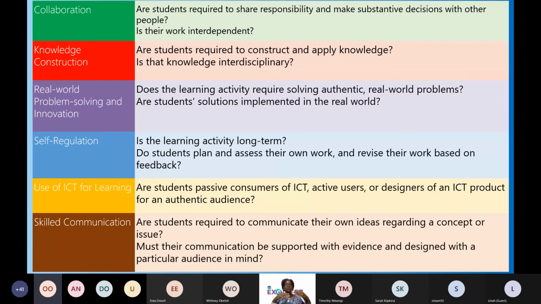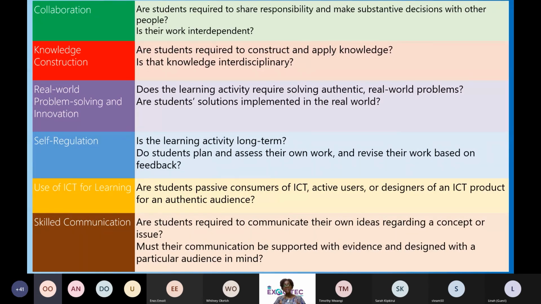And does the learning activity require solving authentic real-world problems and not just examples? If it's yes, then at what level now: are these solutions implemented in the real world, which is, of course, the highest level of problem solving and innovation? If you answer yes to that, you know there's problem solving in that activity.